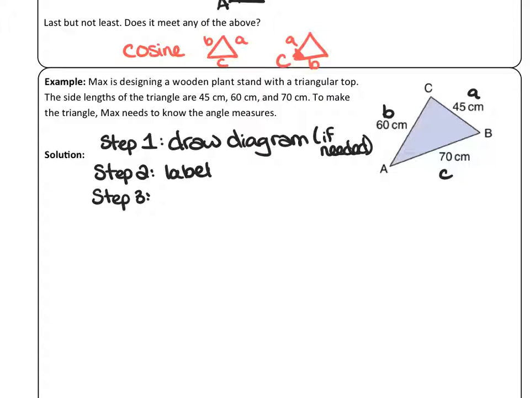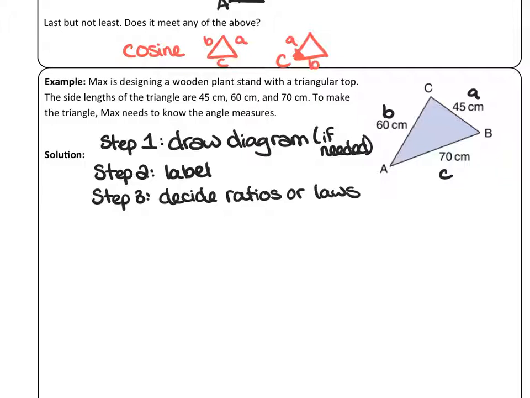Step 3 is we're going to decide whether we're going to use the ratios or laws. It's not very apparent that we have a 90-degree angle in this one. So we're going to take out the primary trig ratios. I'm not going to use those.